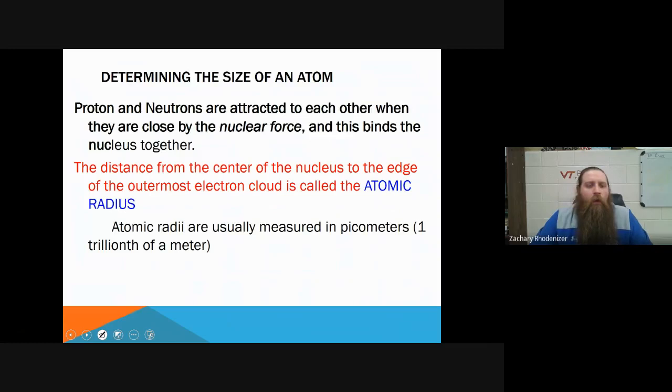They're too small, especially the smaller atoms like hydrogen or helium or lithium. So what we do is we get 2 of them, put them next to each other, and measure the distance from the middles and cut that in half, and that tells us the atomic radius. We usually measure that in picometers, which is 1/1,000,000th of a meter.